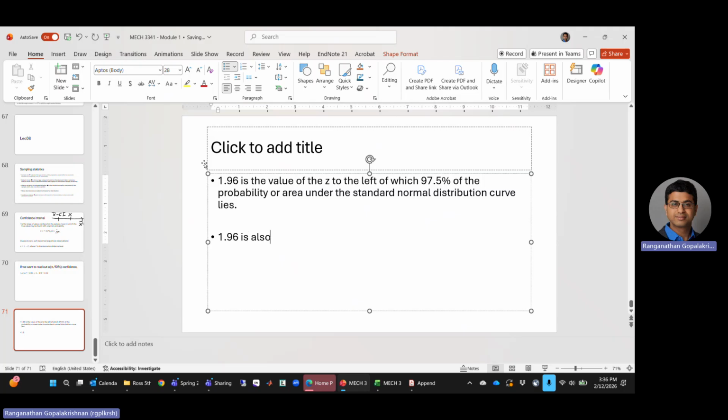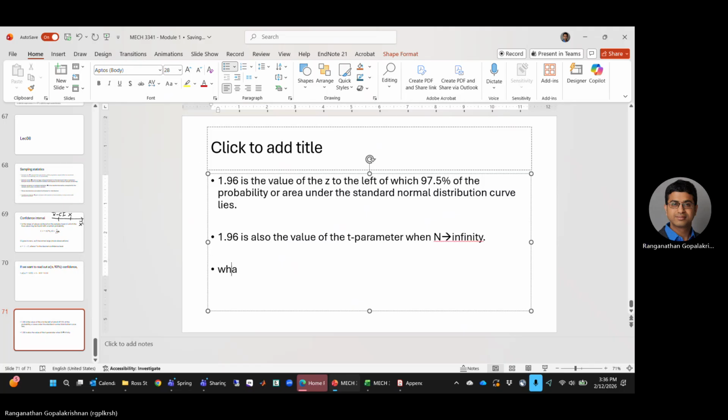1.96 is also the value of the t parameter when n goes to infinity. What can you connect from these two pieces of information? Write whatever you can think of. Don't worry about being right.